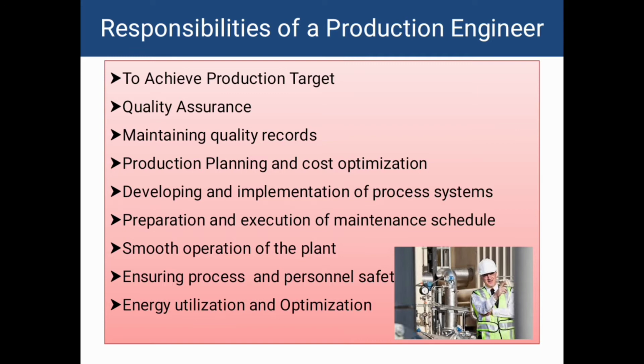Whatever work you are doing in the plant has to be recorded and maintained from morning 9 to 5, or from entering the shift to leaving the shift. Every activity has to be recorded. The activities will be recorded in the logbook, and all the process parameters and other maintenance schedules will be recorded in the concerned records. So it is the responsibility of the process engineer to maintain all these quality records.